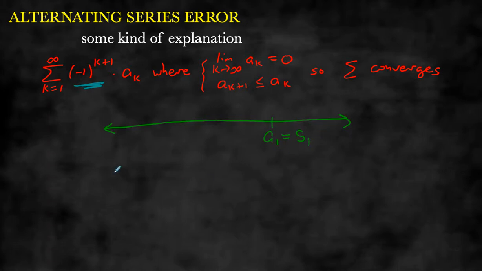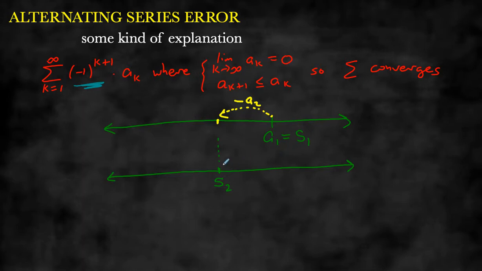Now, if we add in the next term, which is a negative term, it moves us backward by subtracting a sub 2, to a new point on the number line, and that point is s sub 2.